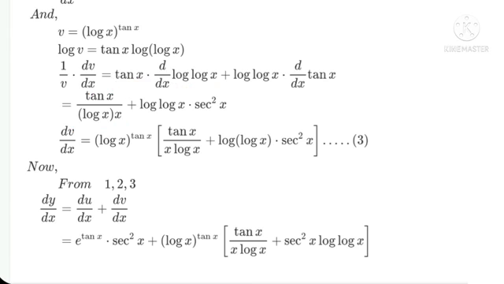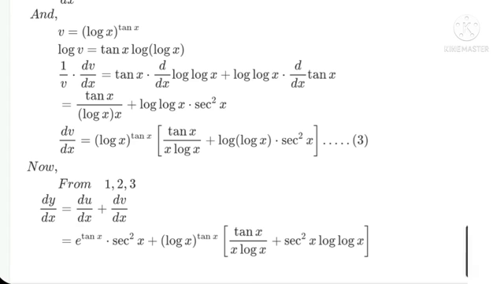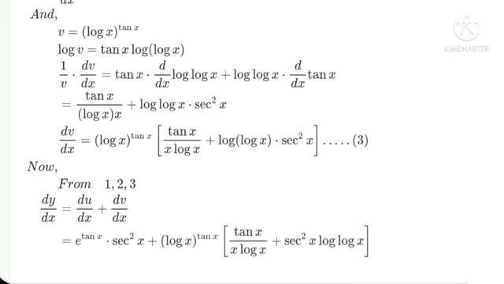Then log x as it is, derivative of 10x is sec square x. Now take v on the RHS, multiply into this bracket as it is. Now put the values from equations 2 and 3 in equation 1. We get the required final answer.